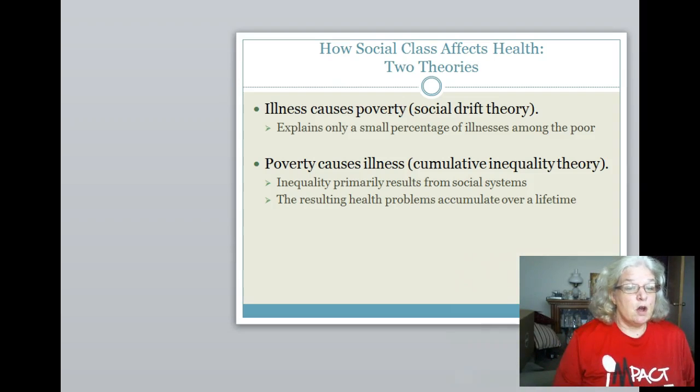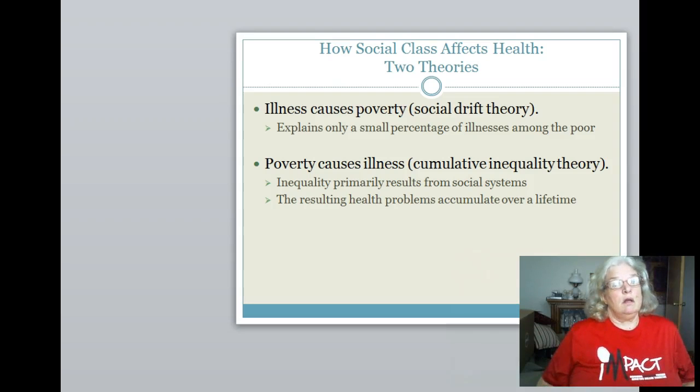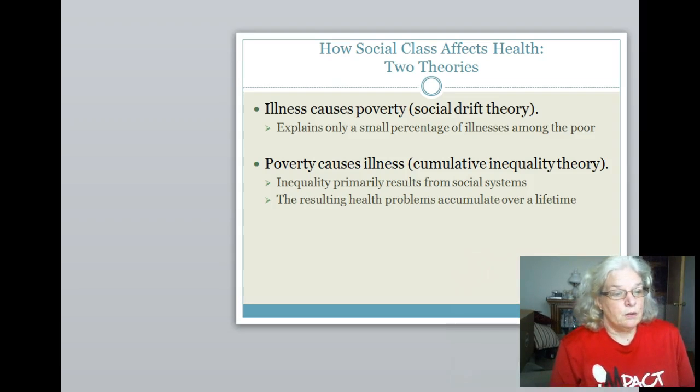In other words, those that have poorer health are more likely to be poor. As we look at those with disabilities, we see that they don't achieve at a high level, and we have other issues, high costs that can break a family when there is illness in place. And yet this only explains a small difference among the poor.